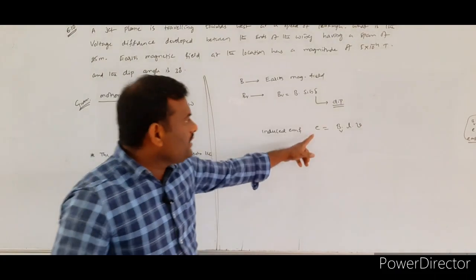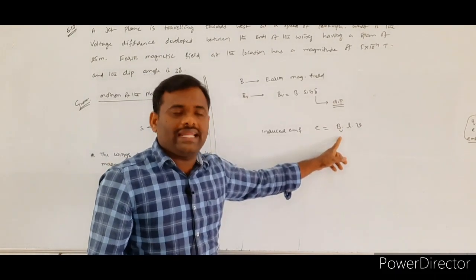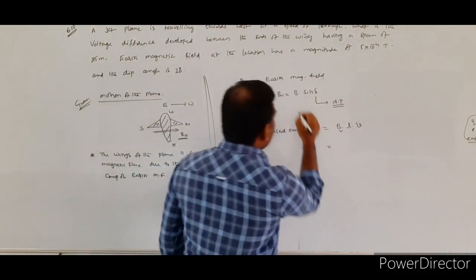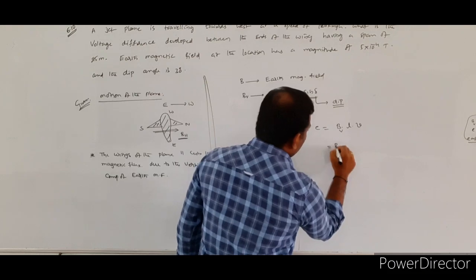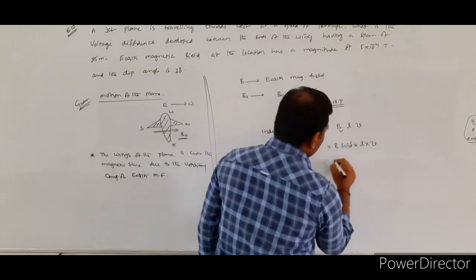BV. So induced EMF E is equal to BV, the vertical component of the earth magnetic field, into length into V. And BV is B into sin delta, so E is B sin delta into length into velocity.